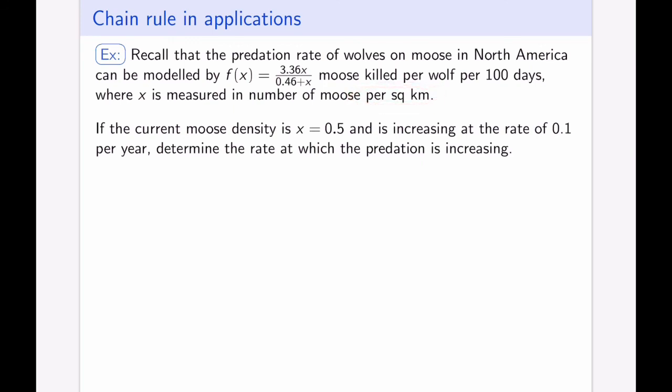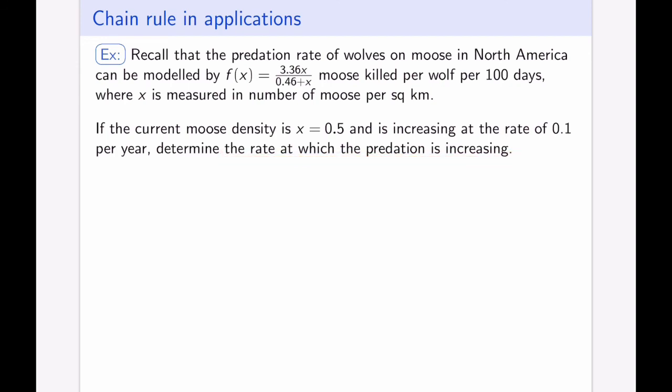Here's the information that we're given. The current moose density is 0.5, so there is half a moose per square kilometer, not physically, but on average. And we know that this number isn't static. It's in fact increasing at the rate of 0.1 per year, and we want to determine the rate at which the predation is increasing.